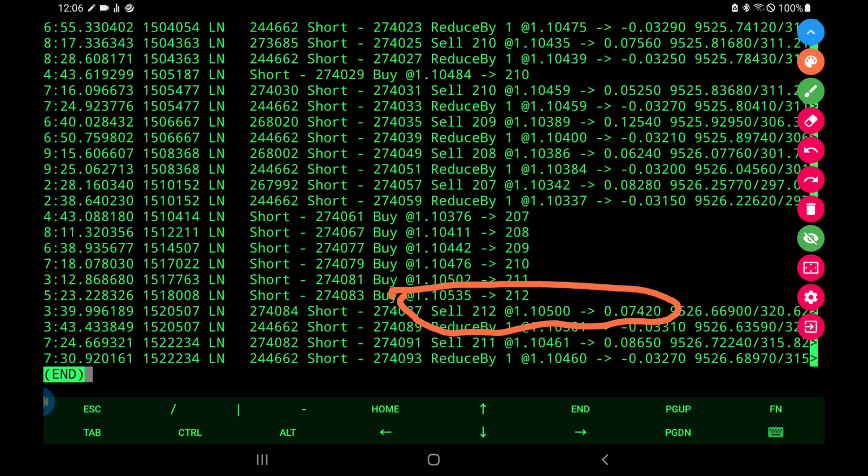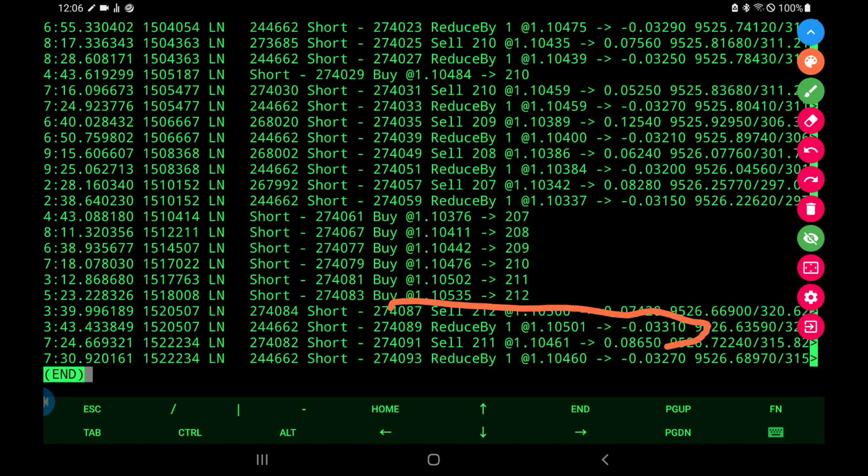Nice and easy and simple. But right afterwards, I took a reduction, a deliberate, malicious loss of 1 unit at $1.10, and I lost 3 cents. So the total combined trade made a 4-cent net profit.